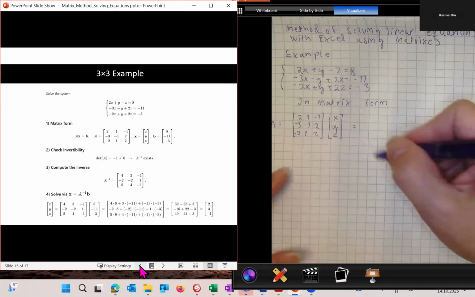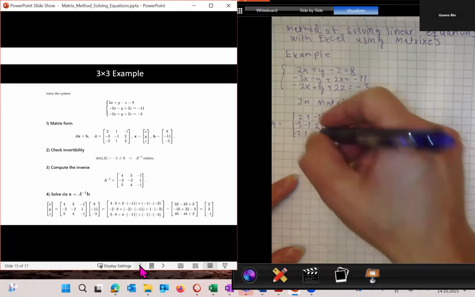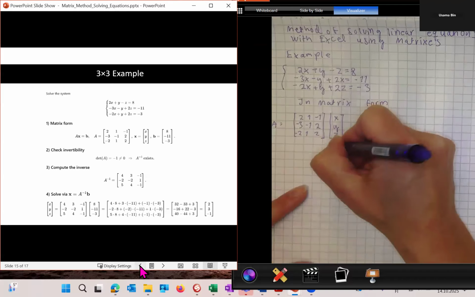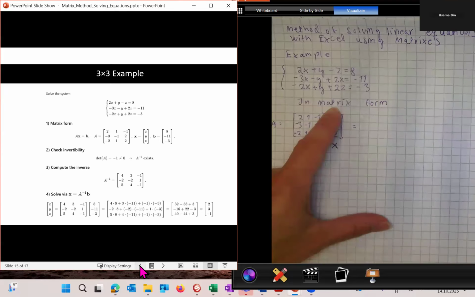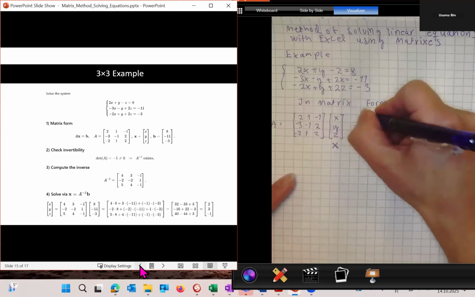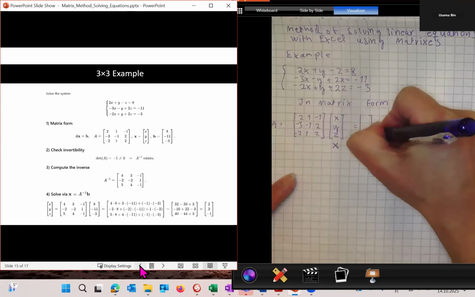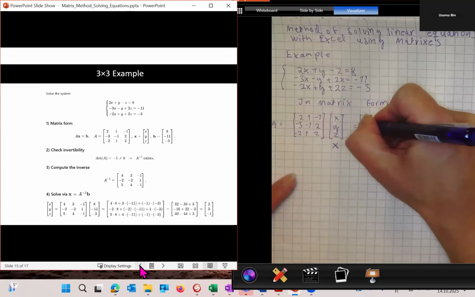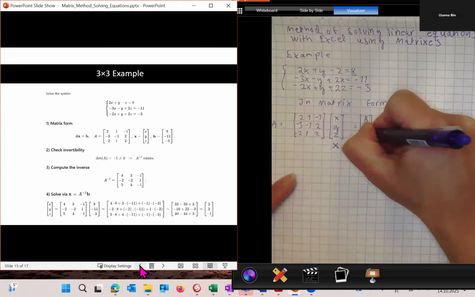And then, so this was the A, and this was the X. Well, now I'm marking it with X. Maybe it could be better to mark it with something else because I already have X here. And then here are the solutions 8, -11, and -3.